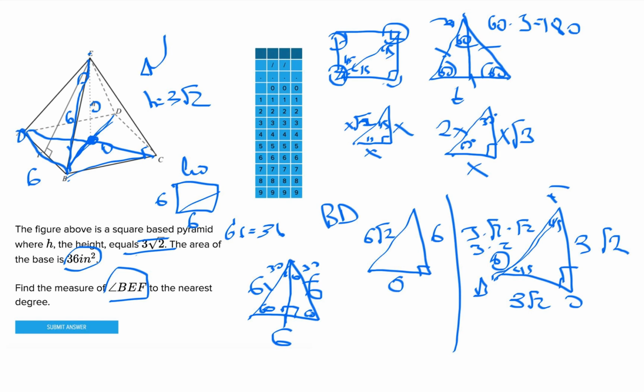So the measurement of angle BEF, I'm going to go ahead and write those letters once again here, is going to have to be 30 degrees, like the smaller angle of any 30, 60, 90 triangle. So the answer to this will be that angle BEF equals 30 degrees. And when they're asking for the measure to the nearest degree in a grid, you don't need to put in the degree symbol. Just go ahead and write in 30, and you should be good.